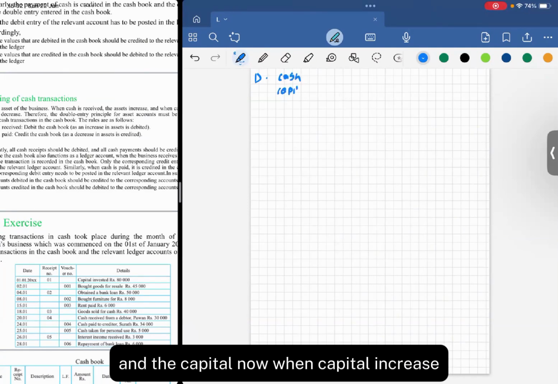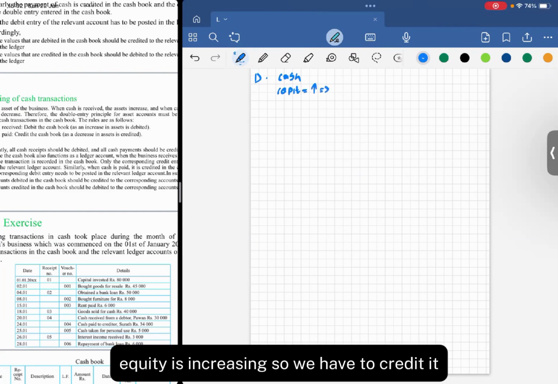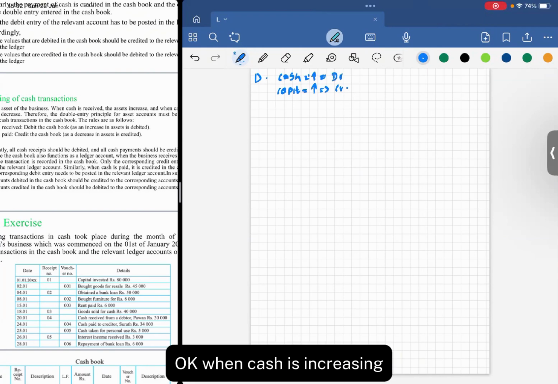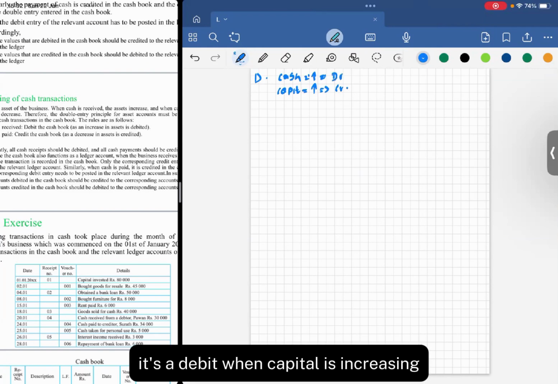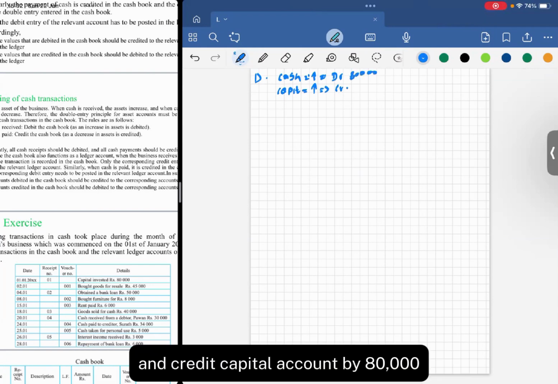When capital increases, it's a credit. Equity is increasing, so we have to credit it. When cash is increasing, it's a debit. So we have to debit cash book by 80,000 and credit capital account by 80,000.